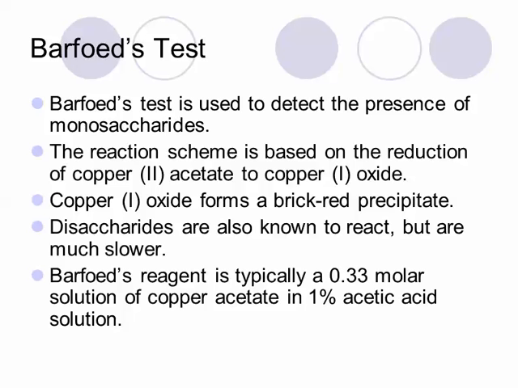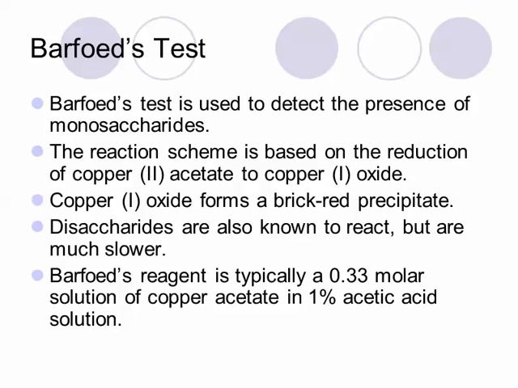So when you do the Barfoed's test, immediate reactions typically give a very good signal that it is in fact a monosaccharide. A disaccharide takes a little time, so they will eventually react just like before, but they will lag in time. So you're looking at 10 minutes, 15 minutes, or maybe even longer.